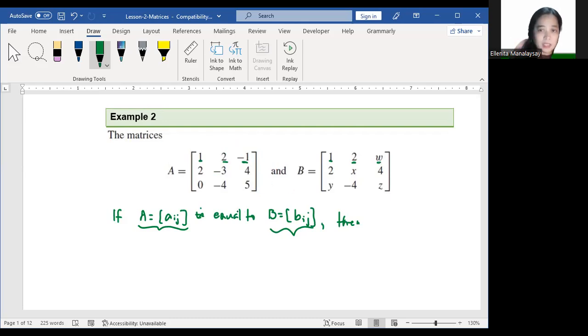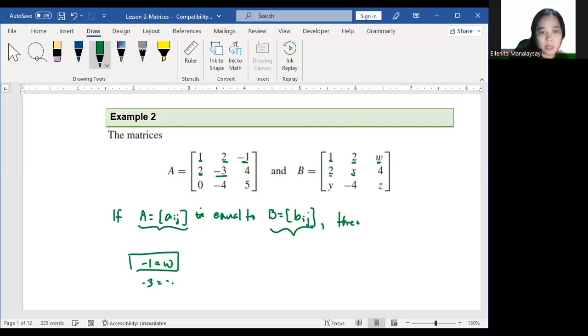So in this case, these two matrices are equal if -1 is equal to W. W is a variable, but we can deduce now that W is equal to -1. Next, let us examine the second row. So 2, that's correct. Then -3 should be equal to x.